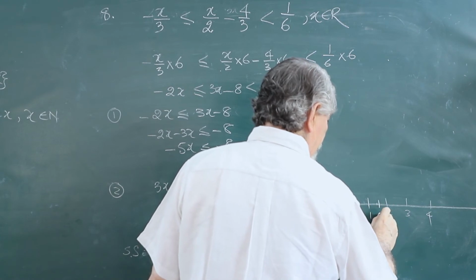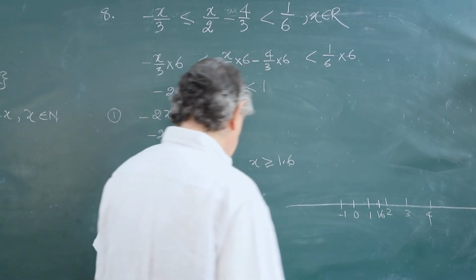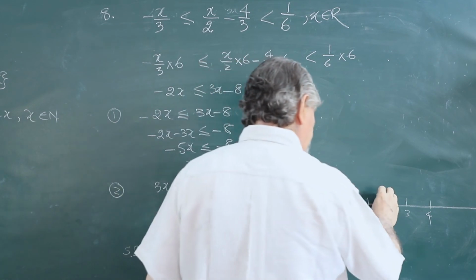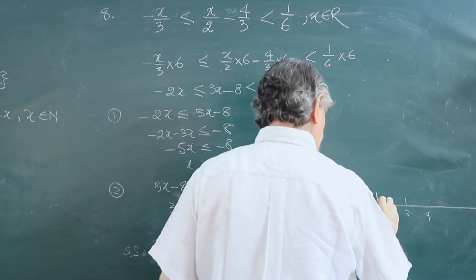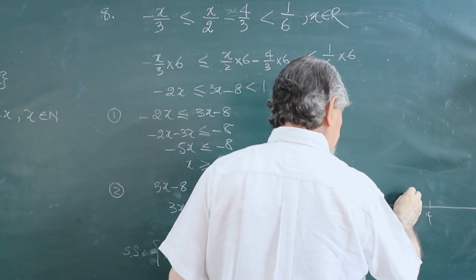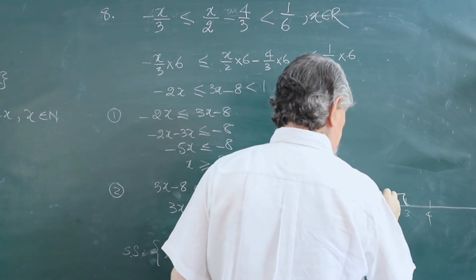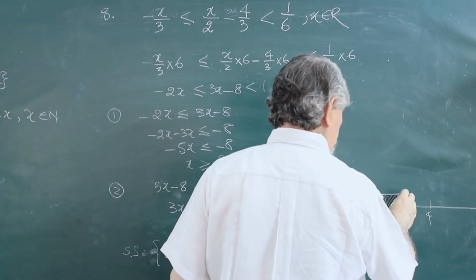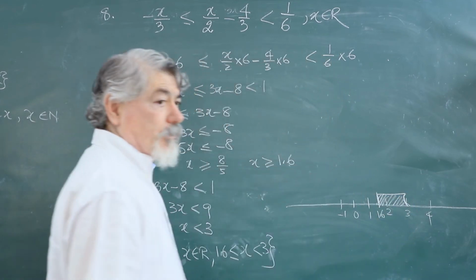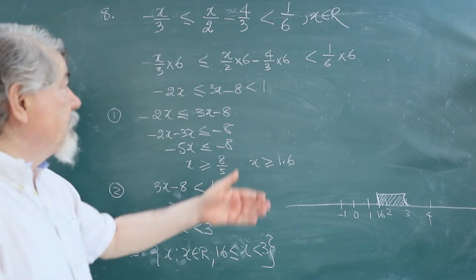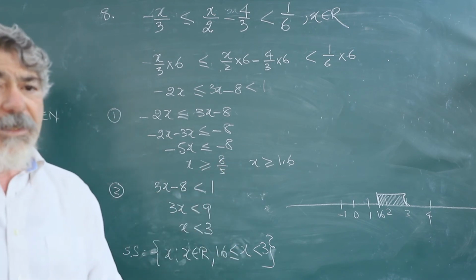Ahead of that will be 1.6. It is equal to 1.6 and less than 3. This is the solution set, and this is the representation of the set on the number line.